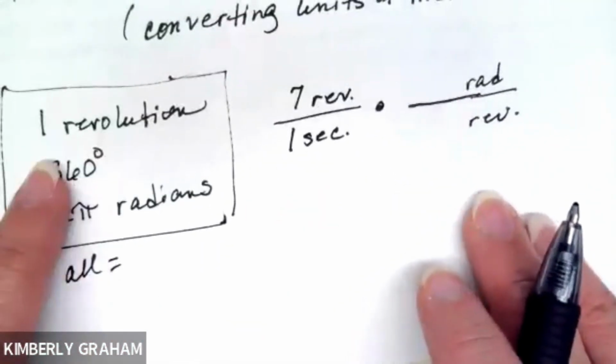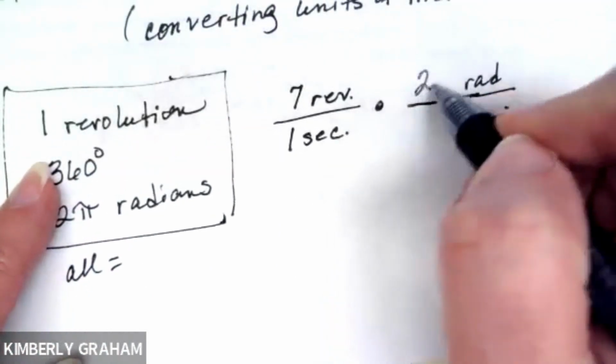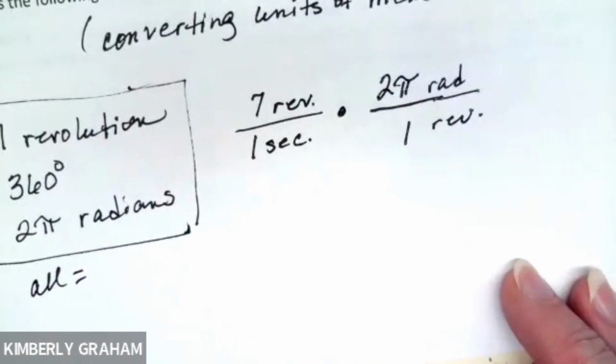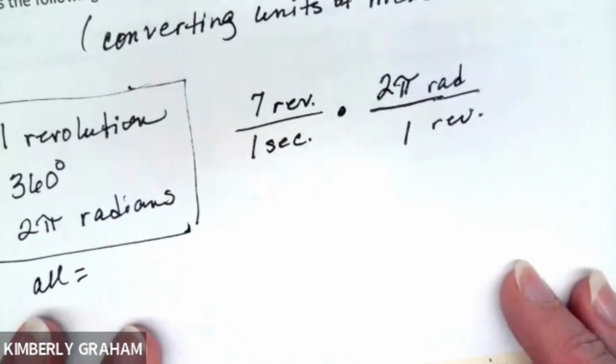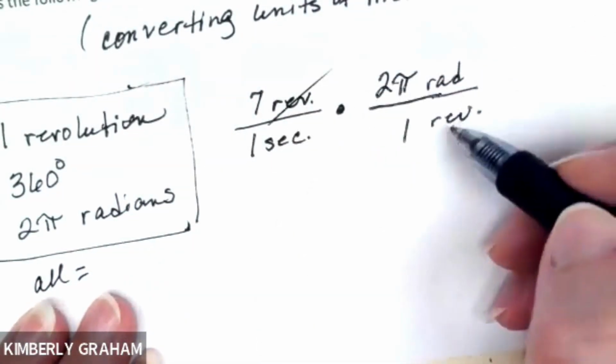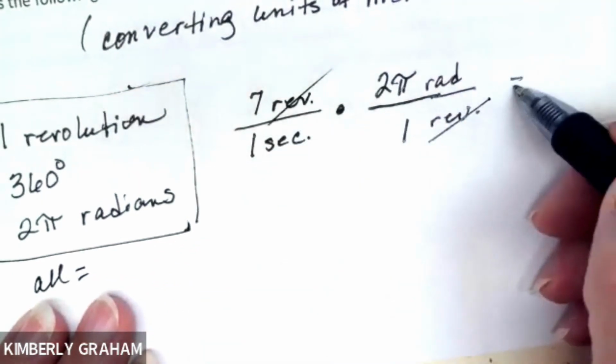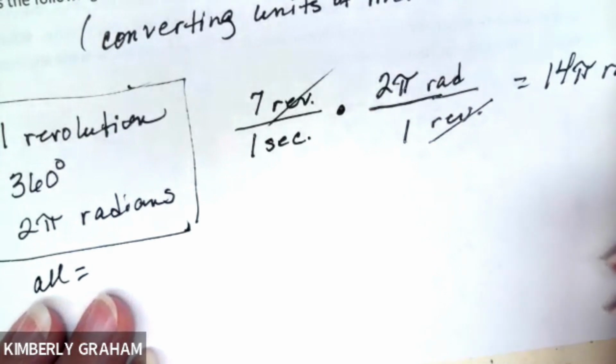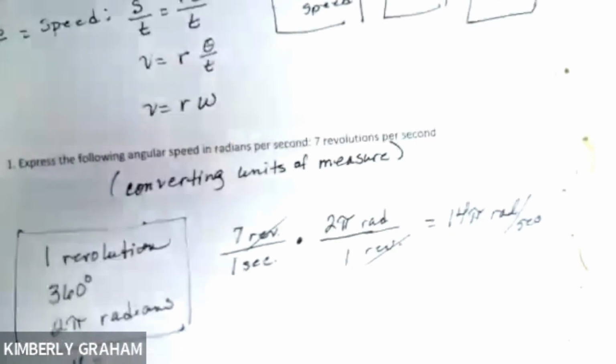So looking over here, I know that 2 pi radians is 1 revolution. So I can see the revolutions are going to cancel, and this is going to be 14 pi radians per second.